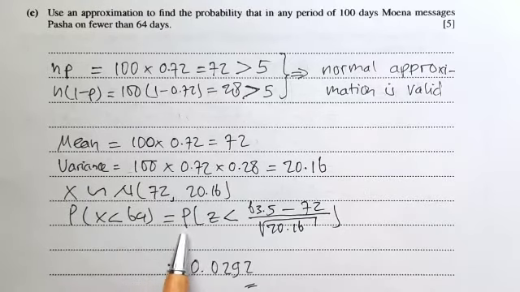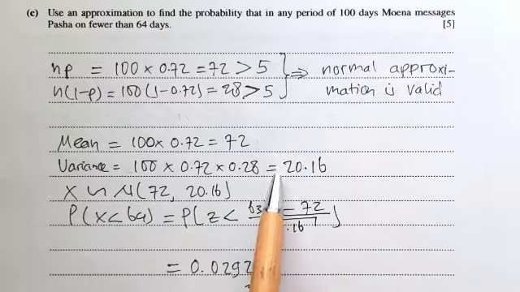Now, by using the standardizing formula, we convert X to Z, thus that is P(Z less than (63.5 minus 72) divided by the square root of 20.16). Here mu is 72, and the standard deviation is the square root of this variance.